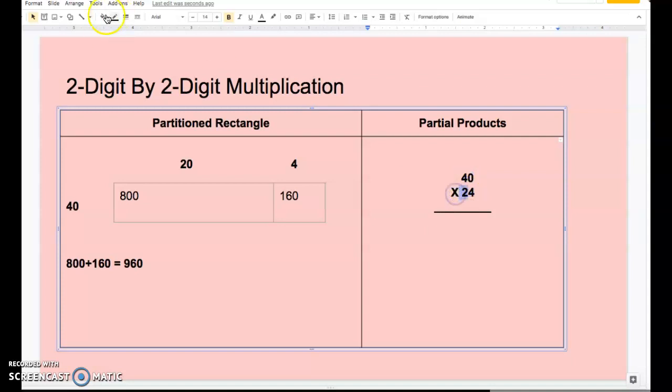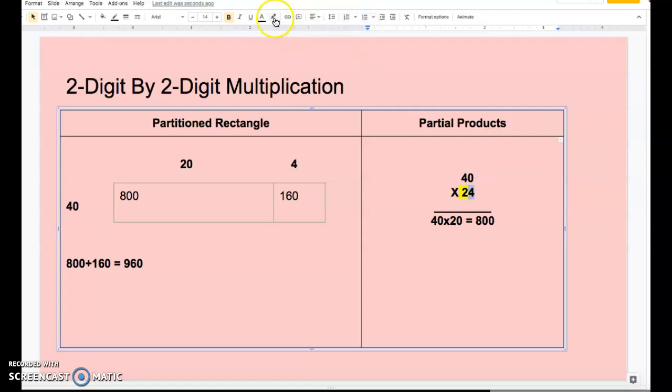So if I'm going to first multiply by my 20, I need to actually write 40 times 20 gets me what? Well, from my previous problem, I know it gets me 800. Then, now that I've completed the 20, I'm still left with my 4.